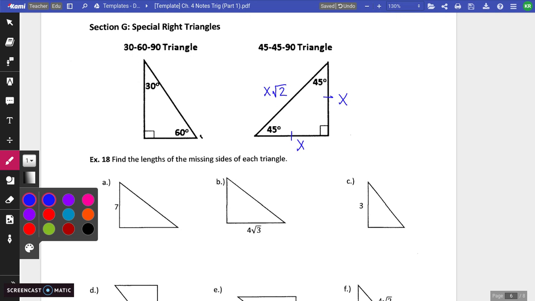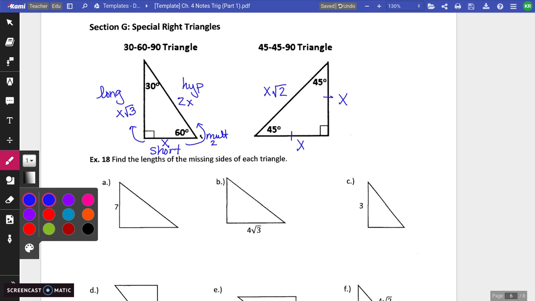On the 30, 60, 90 triangle, you have the short leg, the long leg, and the hypotenuse. If we start with the short leg being x, the hypotenuse is 2x, and the long leg is x times square root of 3. Going from short leg to hypotenuse, you multiply by 2.